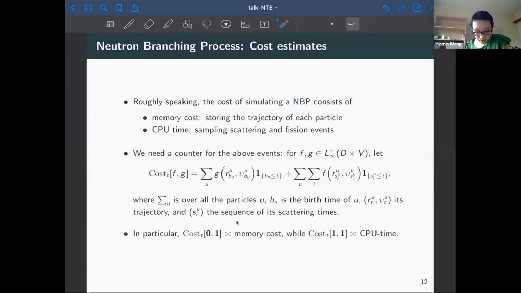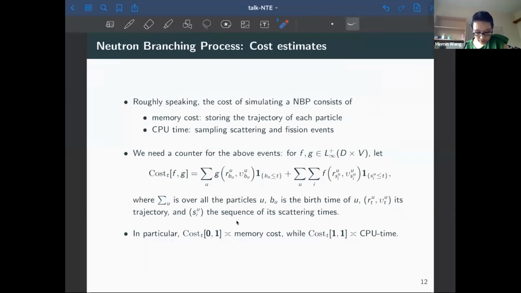Actually, you can do a little fancier counting. You might want to put different weights depending on where the particles are born, perhaps some locations especially. That's why we introduce this function g, which is just a generic function. By choosing g differently, you can put different weightings on the particles.